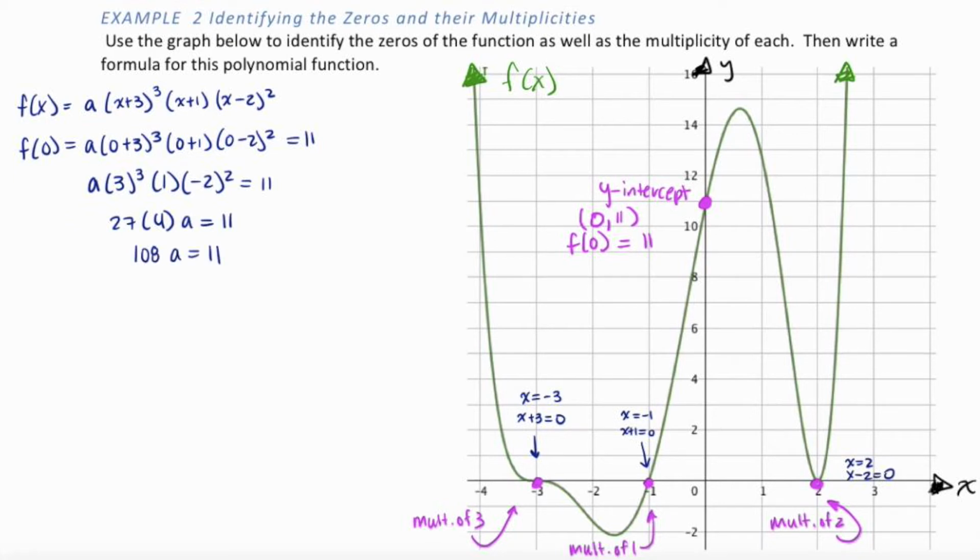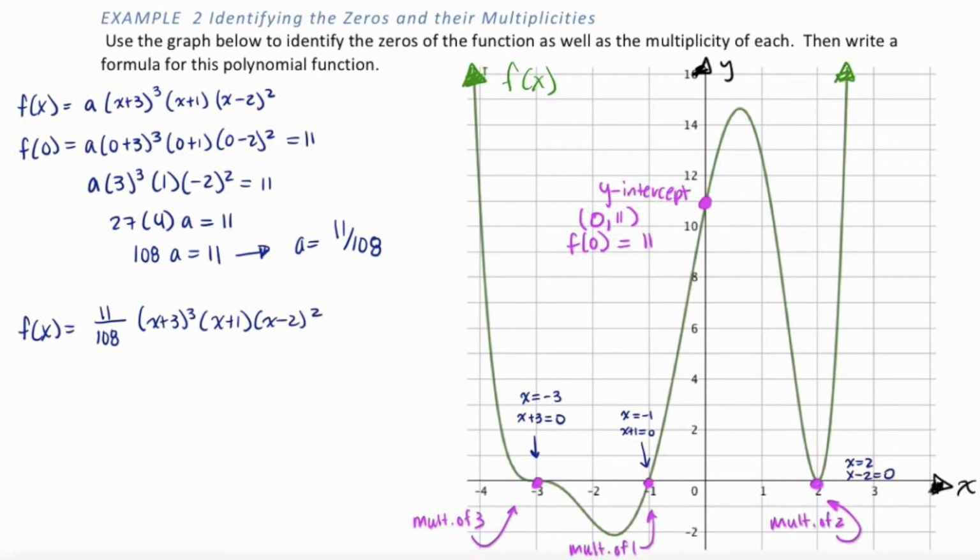So a, finally, if we divide both sides by 108, we end up with a equals 11 over 108. So our final polynomial is 11 over 108 times (x plus 3) cubed times (x plus 1) times (x minus 2) squared.